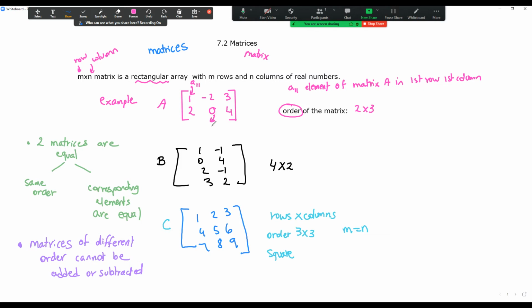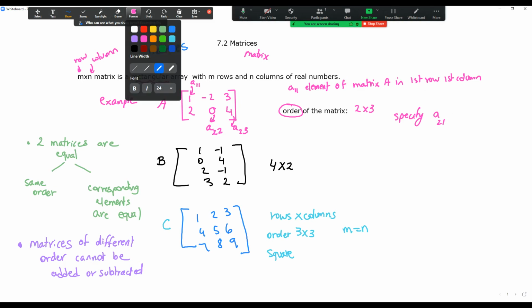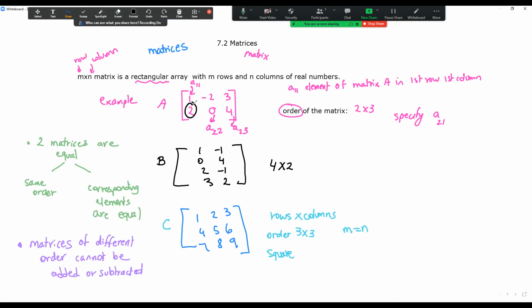So this will be, for example, A22 because it's the second row, second column. This would be A23, and so on. So if I tell you to specify A21, it's second row, first column, then you should point to this element. It's equal to 2.